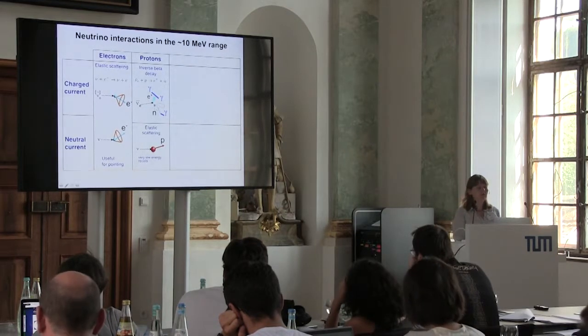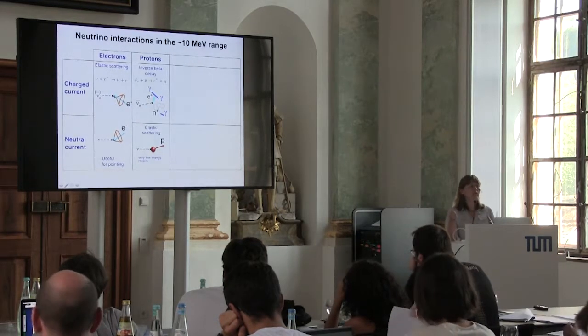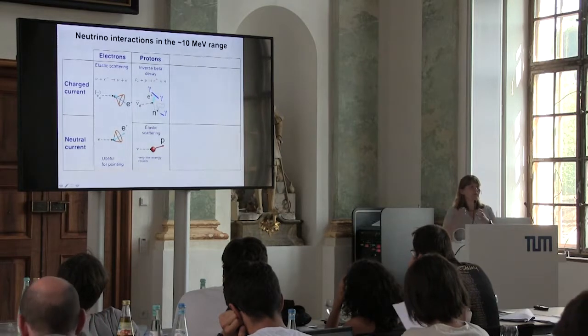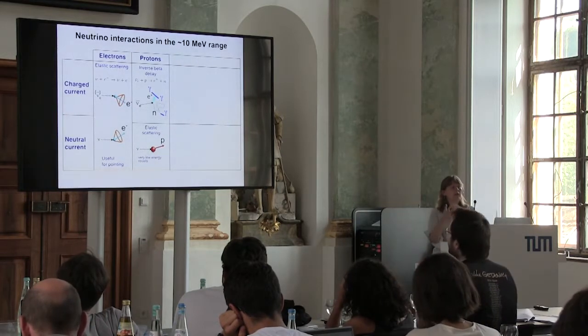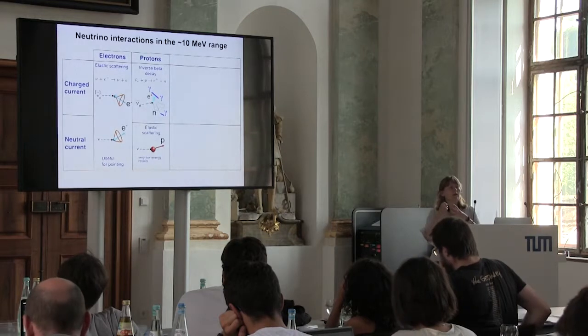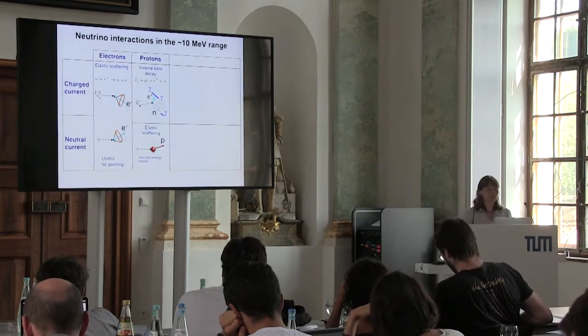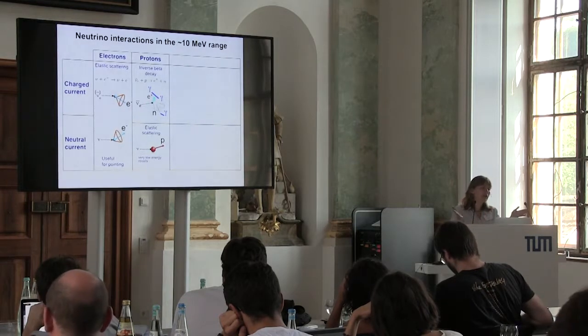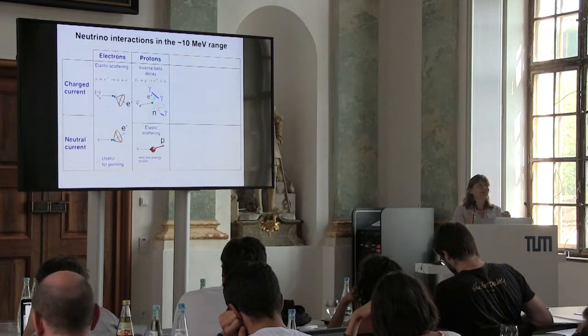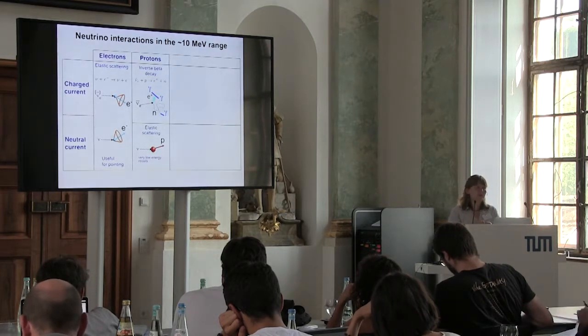If you have the right detector, you can also see the capture of the neutron on something. Some materials, when they capture neutrons, will spit out a bunch of gamma rays, which is also potentially observable. And the positron will also annihilate. You can also potentially see that. So even though it's a simple interaction, it's a rich final state in terms of its taggability.